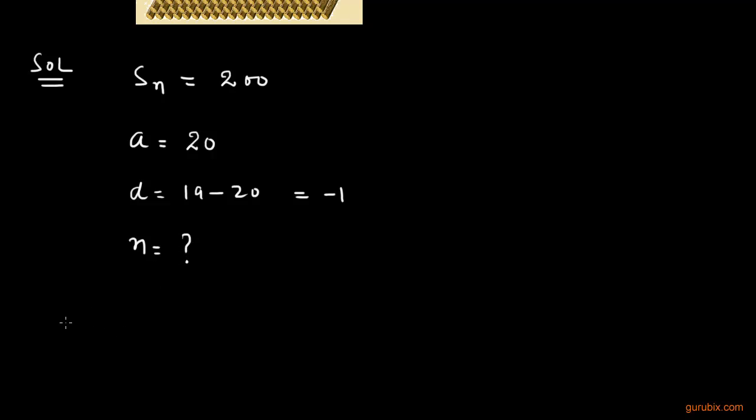Let us use the formula of the sum of n terms, that is Sn equals n over 2 multiplied by 2a plus (n minus 1) into d.